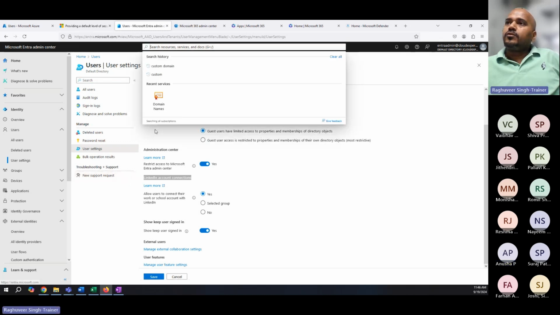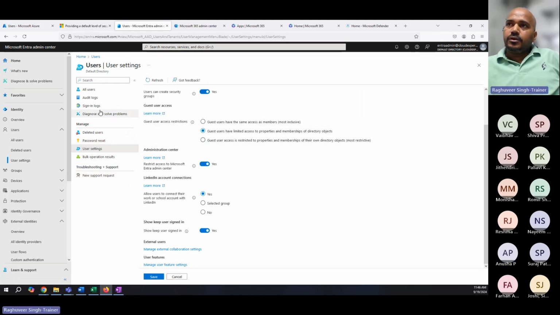Great. Let's move on. So this is about lab number 4, wherein you will configure external collaboration settings. We will come back to this lab probably next week, when we will see how we collaborate with external identity providers. And since I have access to AWS and GCP, I will show you that collaboration, because for any collaboration that you want to do, you need to have maintained a relationship with that by virtue of subscription or licensing. Then only you can do the collaboration.